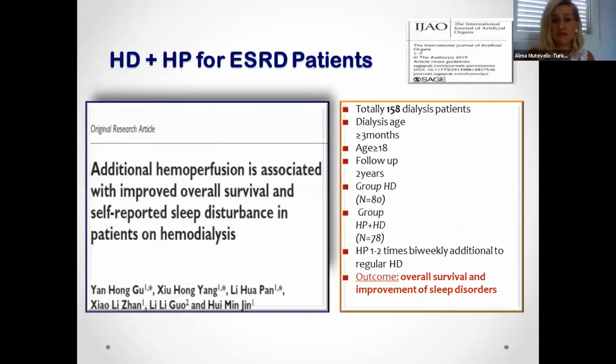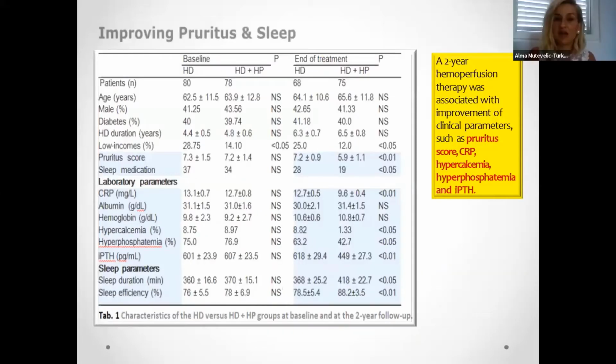So in the next few slides, I'm going to give you brief conclusions from different studies about these hemoperfusion methods. Some studies say that they improve overall survival and sleep disorders. Others reported improvement not just in clinical parameters, but also in pruritus, hypercalcemia, hyperphosphatemia, and parathyroid hormone.